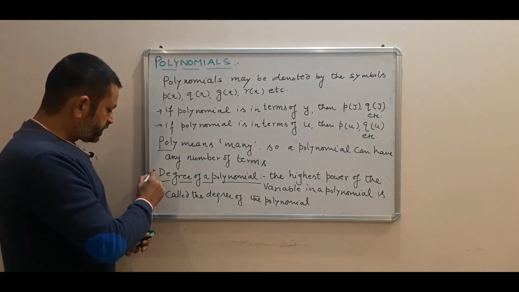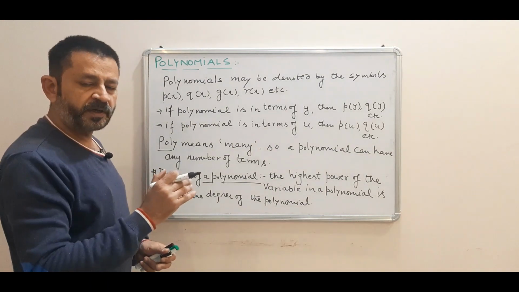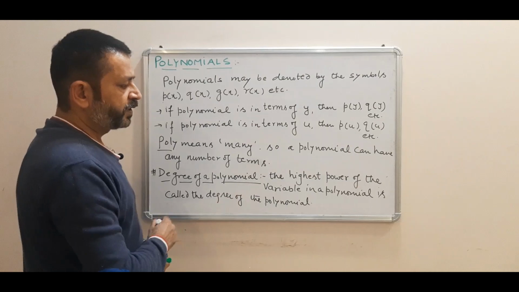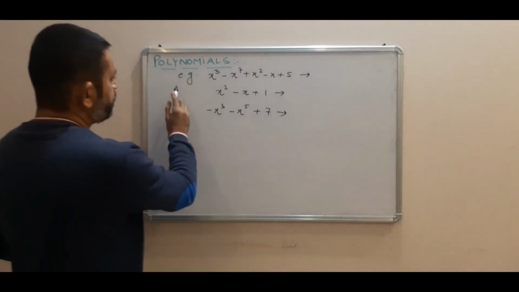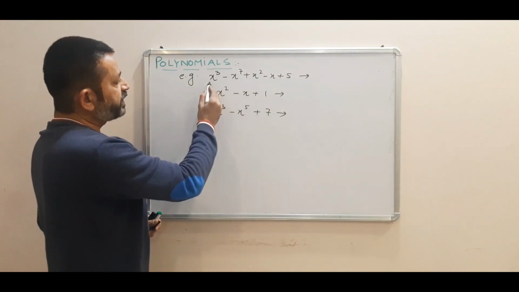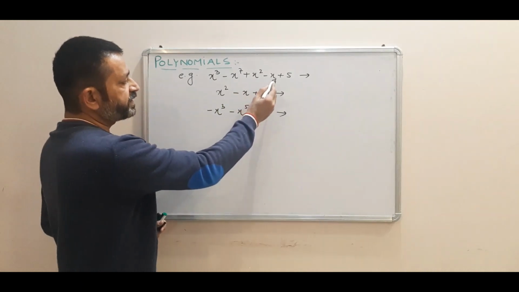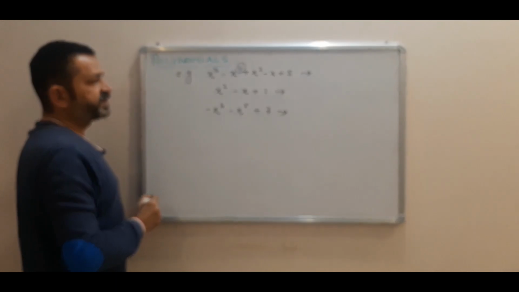A very important part of a polynomial is the degree of a polynomial. What do you mean by the degree of a polynomial? The highest power of the variable in a polynomial is called the degree of the polynomial. For example, in this polynomial, x cube minus x to the power 7 plus x square minus x plus 5, the highest exponent or highest power is 7.